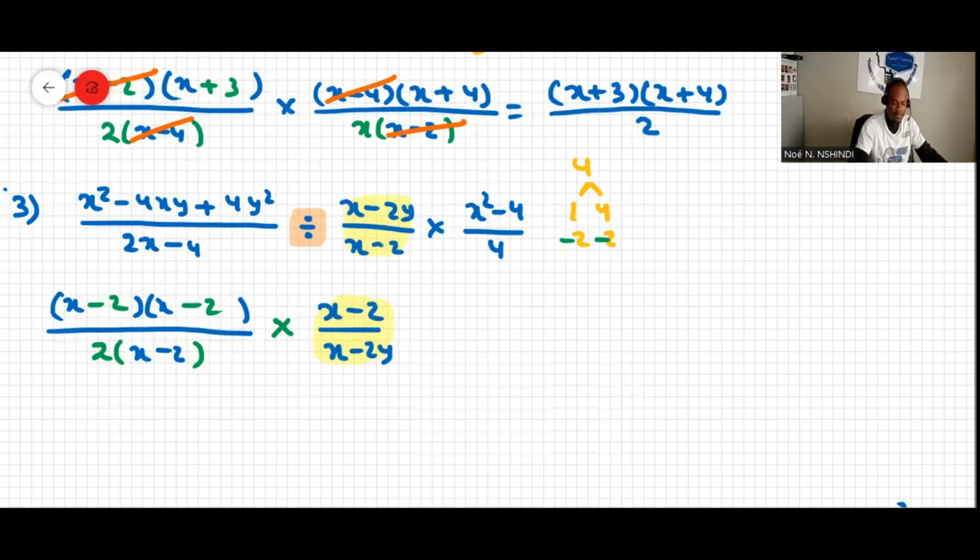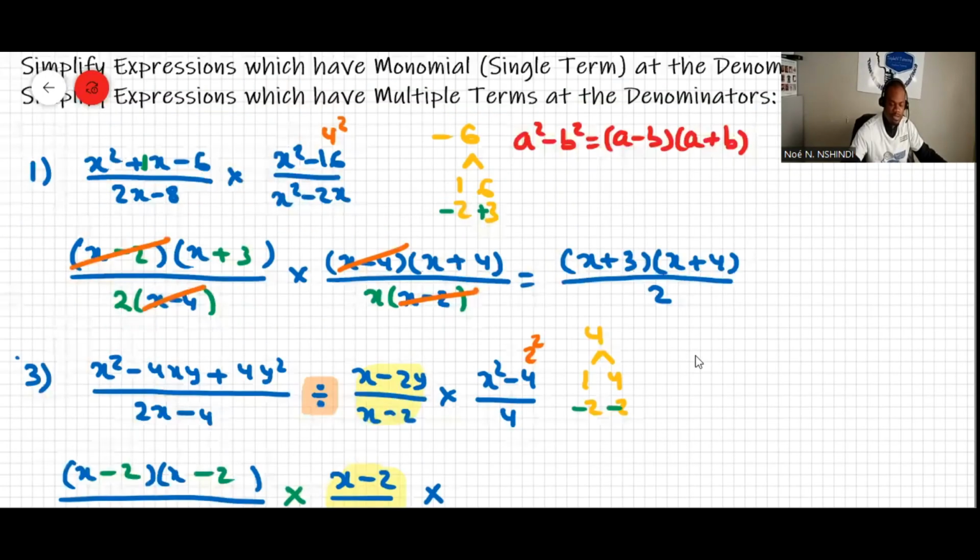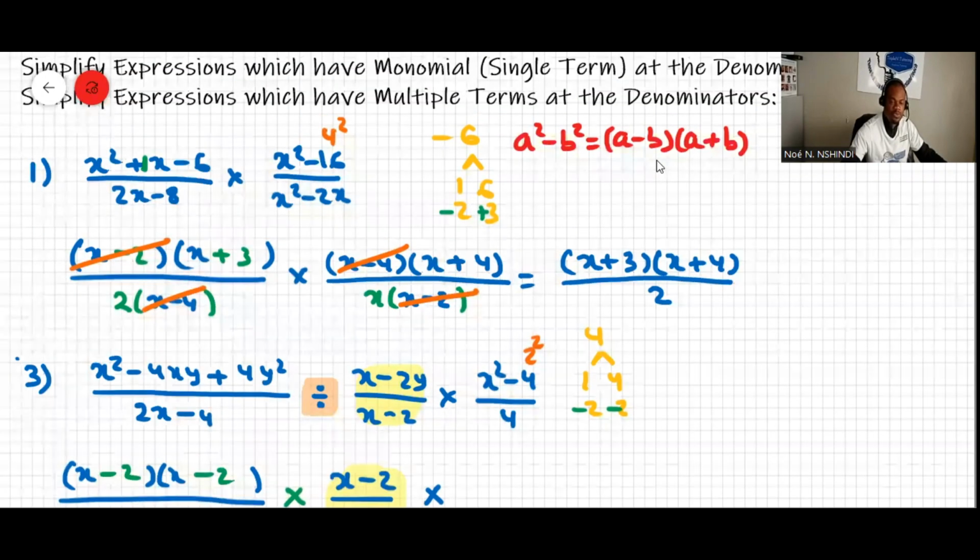Now multiply by, over there, 4 is 2 squared, so we have a difference of two squares. You know that formula, a squared minus b squared is equal to that. I'm going to apply this formula over here.